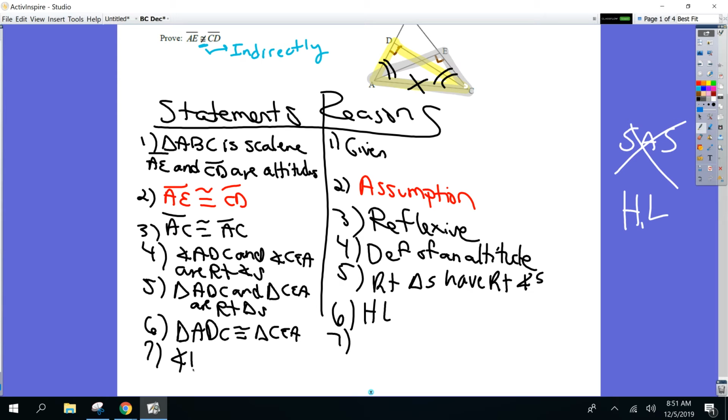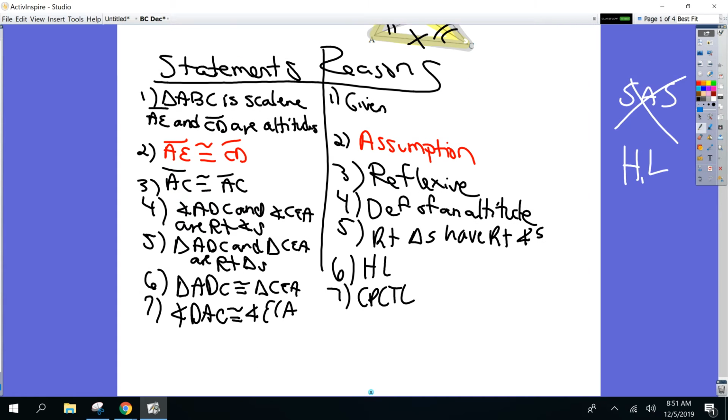Angle DAC congruent to ECA, CPCTC. All right, now what type of triangle is ABC? It's isosceles. I know you guys love to prove sides congruent, but it was the angles here.